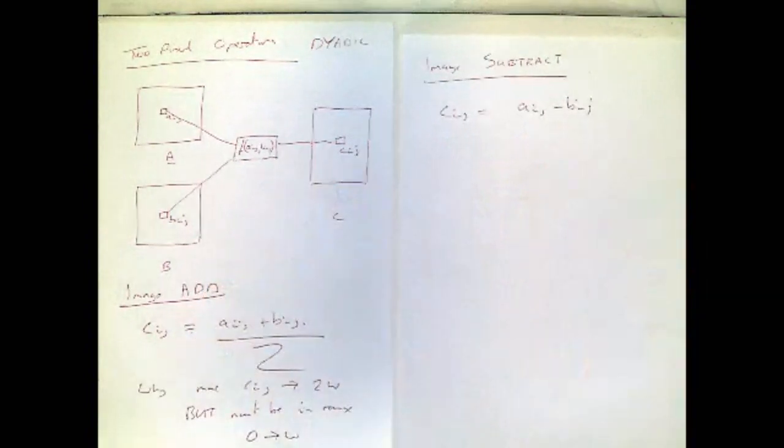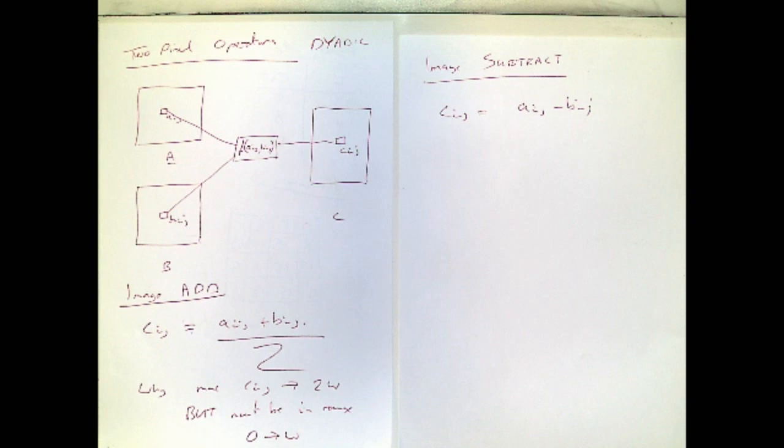That's the starting point, but we've got again a problem because of the fixed point arithmetic we're using. Cij is going to be an output image. It's got to be within the range of 0 to W.